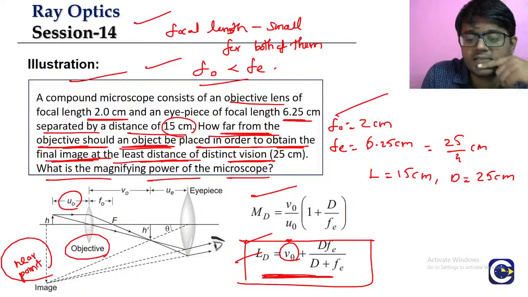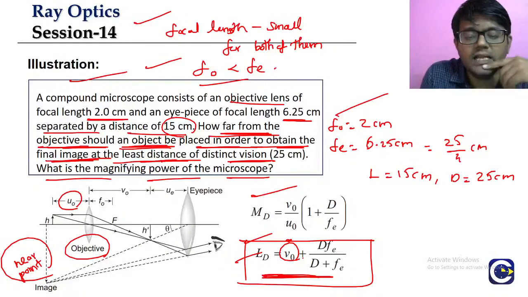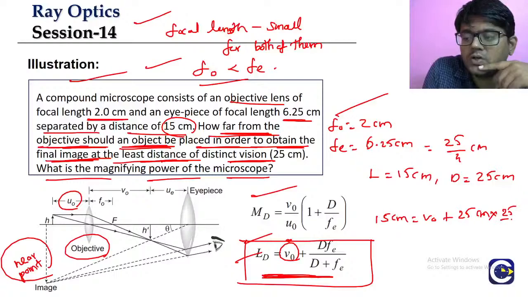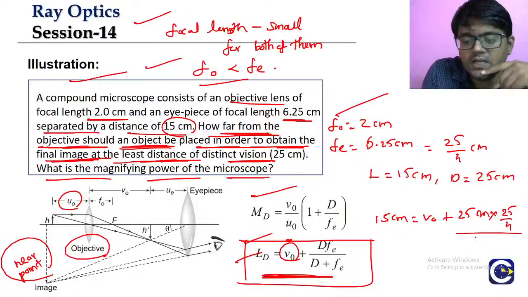So look at this, guys. First we'll use this length of the microscope formula. L is 15 centimeter, equal to VO plus D into FE divided by D plus FE.